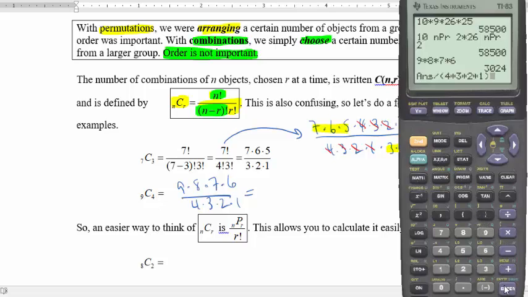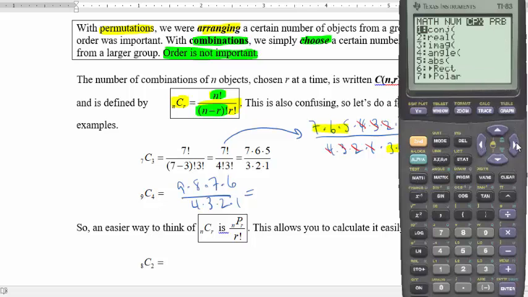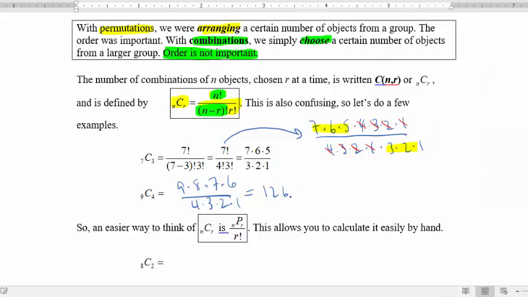I'm not just dividing by 4, I'm dividing by 4 times 3 times 2 times 1. That gives me 126. And if I punched it in using the combination button, it would be 9, math, I go to the PRB button, but now I choose nCr and do 4. So 9C4 is also 126. Okay, so it works out.